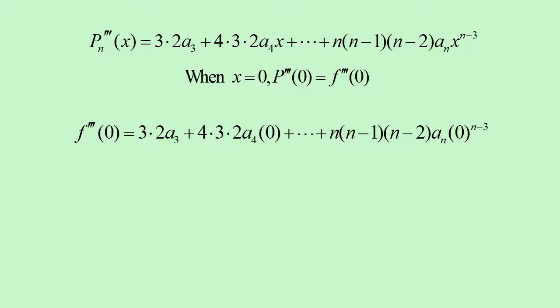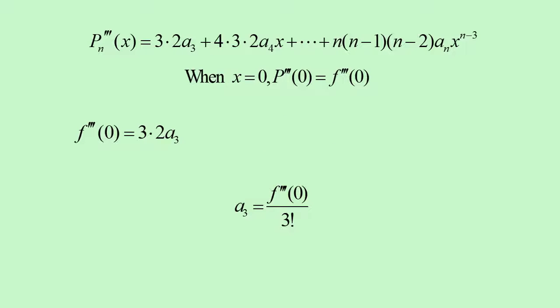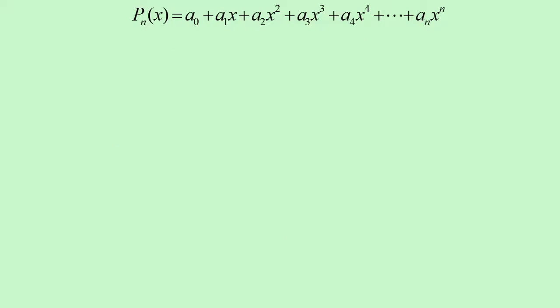Likewise, for the third derivative at 0, we need f triple prime to be equal to 6 a sub 3. So a sub 3 would be f triple prime divided by 6, which we'll write as 3 factorial. You'll see why shortly. And so on.